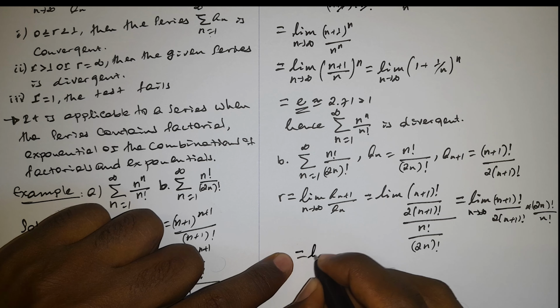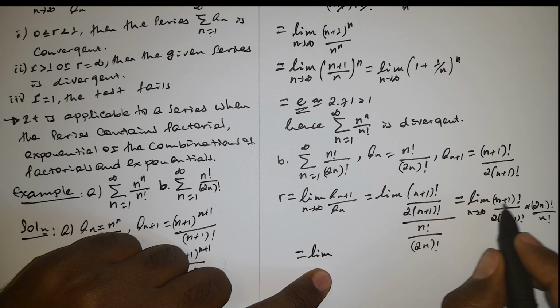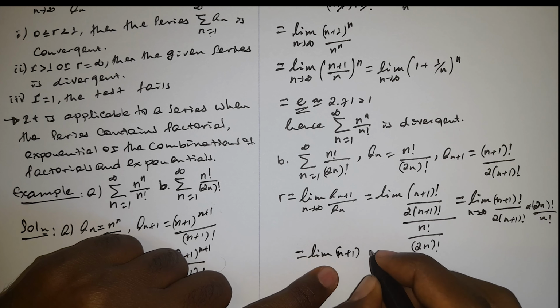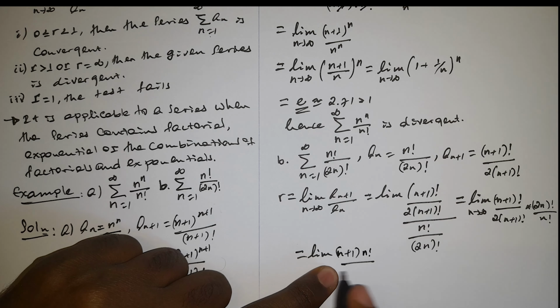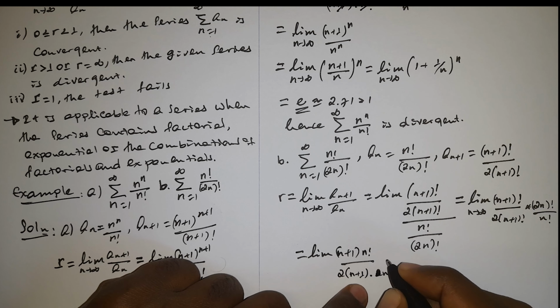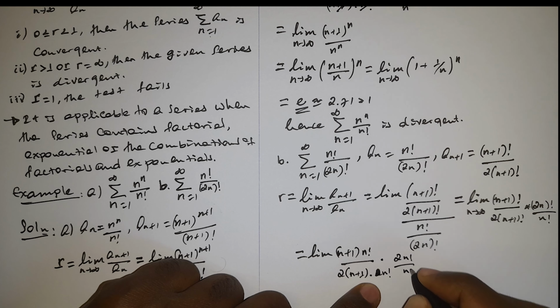In this limit, n plus 1 factorial is n plus 1 times n factorial, over 2 into n plus 1 times n factorial, times 2n factorial over n factorial.